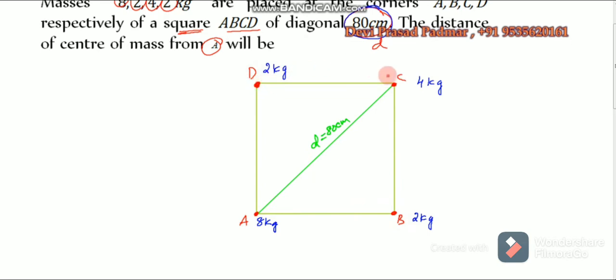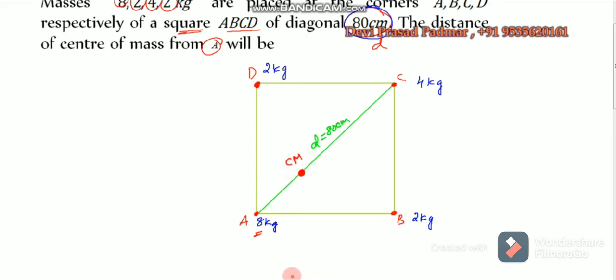Due to these different masses, the center of mass of all these masses will be situated somewhere within this square. Generally the center of mass is situated closer to the larger, heavier mass. This is 8 kg here, right? So somewhere near the 8 kg the center of mass of this system will be situated.